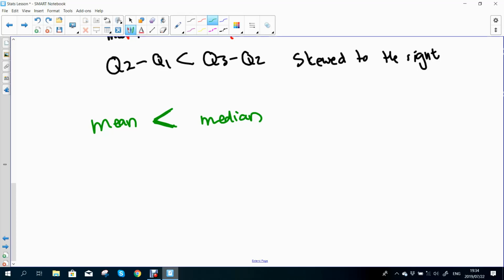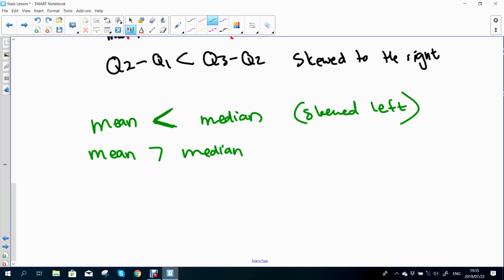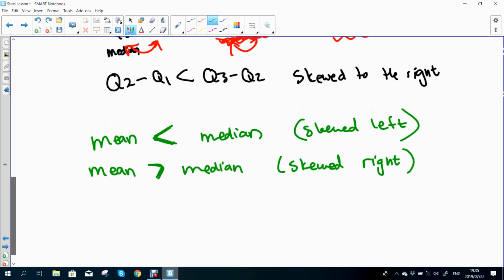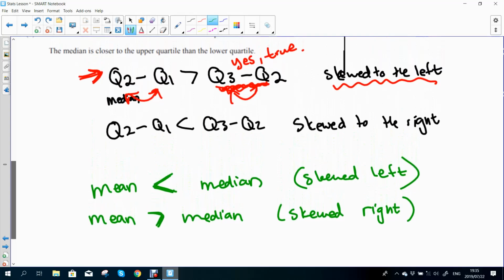So if your average is smaller than your median, your data will be skewed to the left. And this is study work, guys, please. If your mean is bigger than your median, then your data will be skewed to the right. So that is just another option that you can use if you want to describe or work out the skewness of a graph.